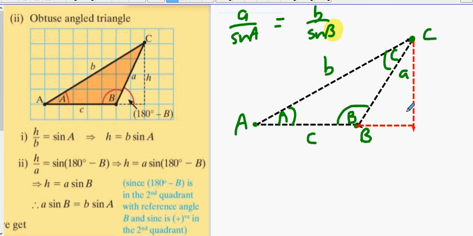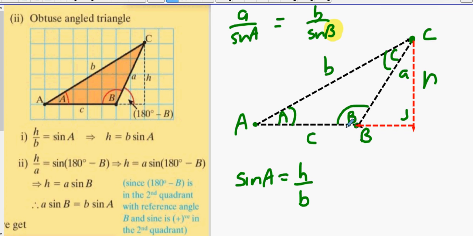What line is common in both triangles? This one here, isn't it? That's the one that's common in both triangles, and that's the one that's going to link the information together. Okay, let's start off with the large triangle. What's sine A equal to? H over b.